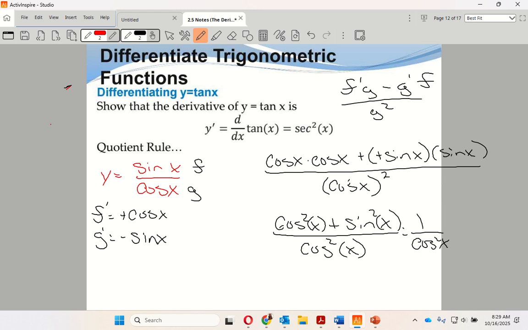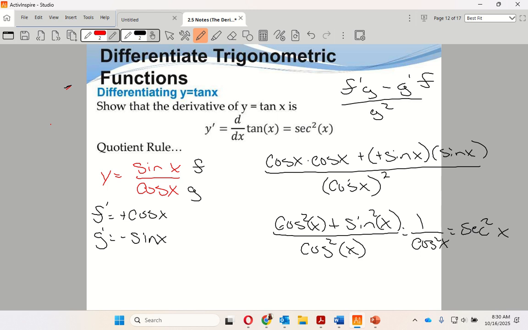That is secant. So this is also equal to secant squared x. So both answers are correct, but we normally just go secant squared for the answer. Yeah, so it's already given to you, you just prove it? I proved it for you.